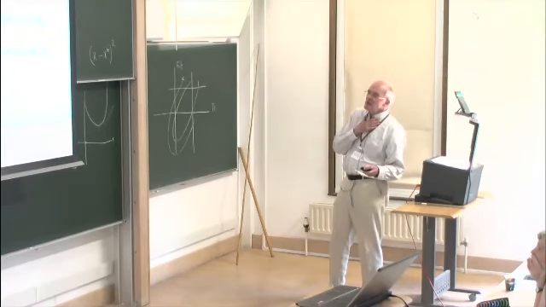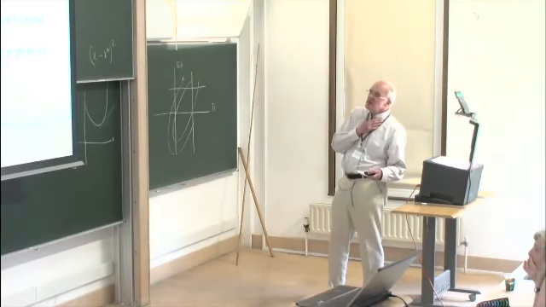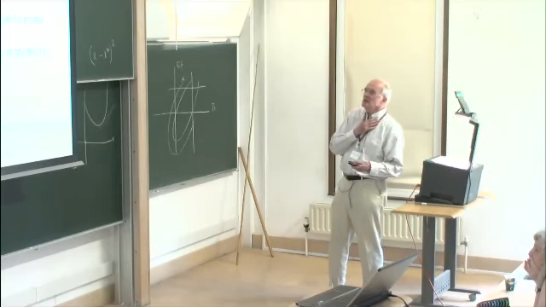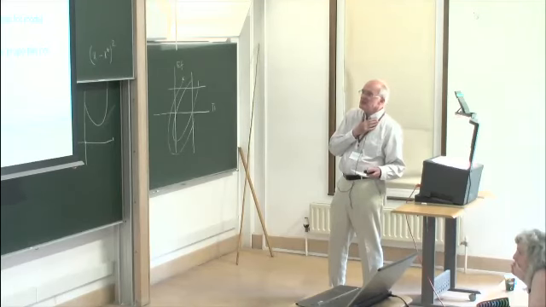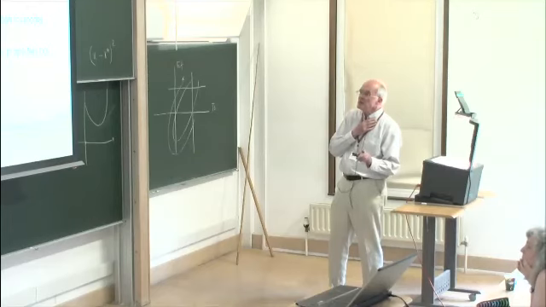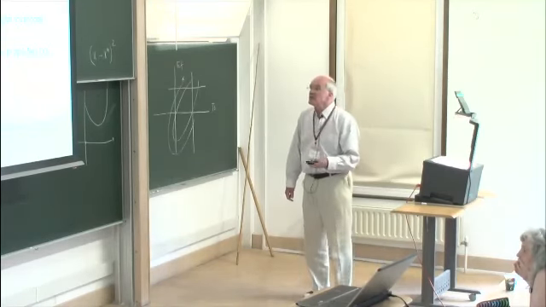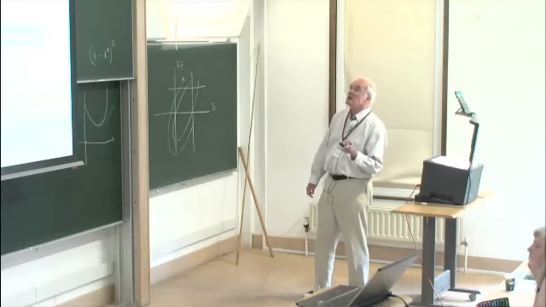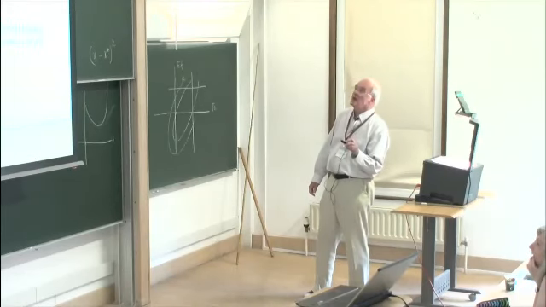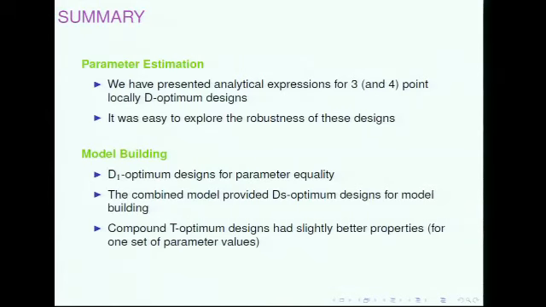And then when I came on to model building, I talked a little bit about D1 optimum designs for the equality of parameters and a combination of models that provided DS optimum designs for model building. And then I looked at compound T optimum designs for discriminating with two models which are present on an equal footing. This is just for the record for those of you who will look at this again. Here are some references, but I'll go back to this.